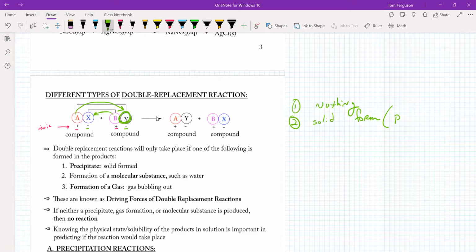The fancy name for that is a precipitate, sometimes abbreviated PPT. Okay?